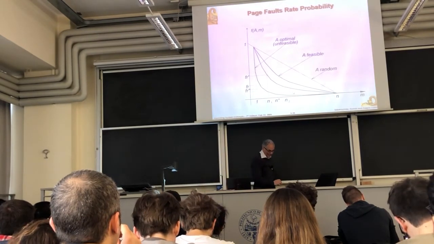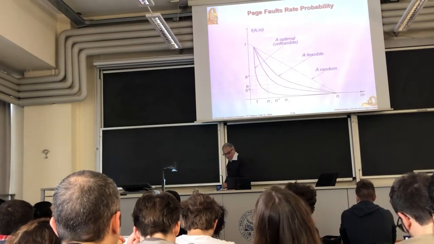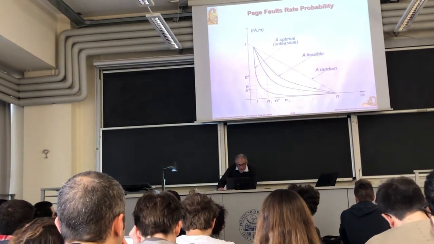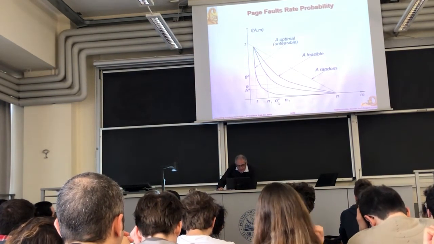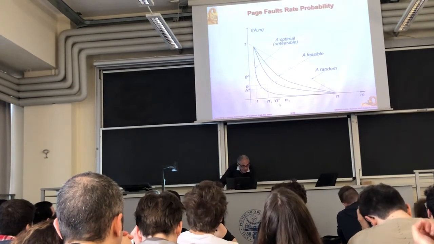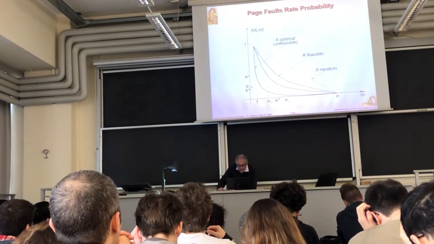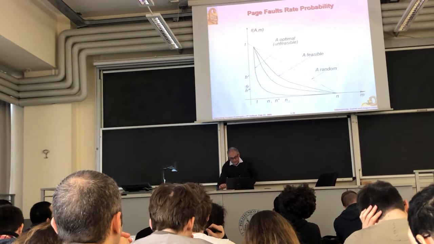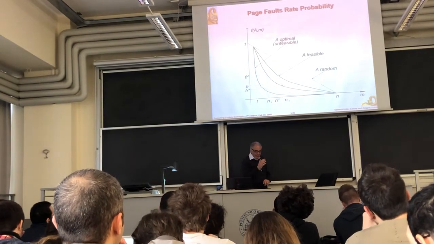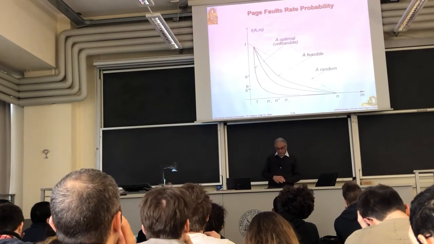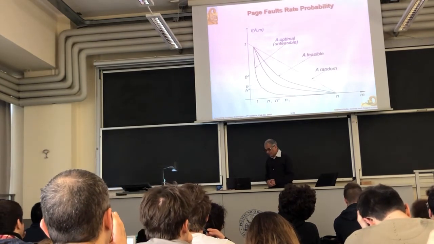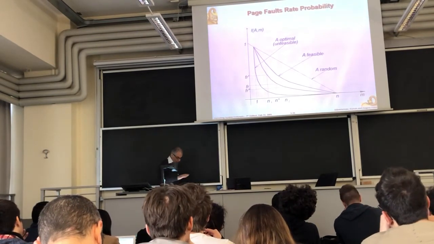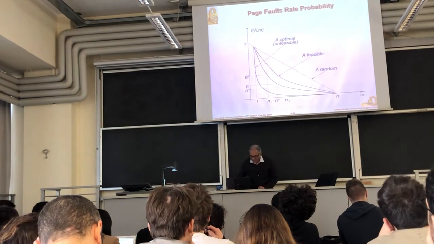What does this graph tell us? It tells us an important thing, also in practice. There is this n star point where we have a given frequency of page faults, okay? This point is on the knee of the curve, where the derivative is 45 degrees, something like this.